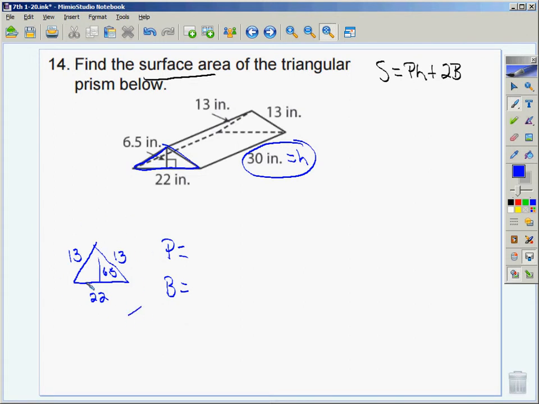Perimeter is all the way around the outside. In other words, the 13 plus 13 plus 22. So the perimeter of this triangle is 48. How do I find the area of a triangle?